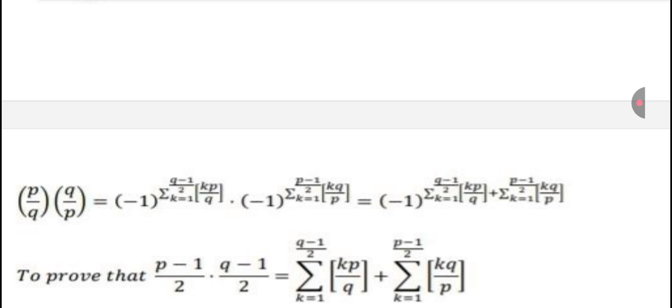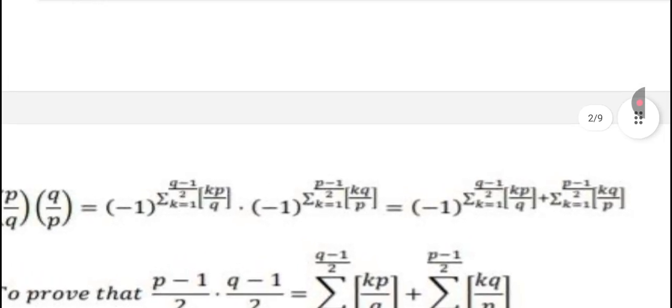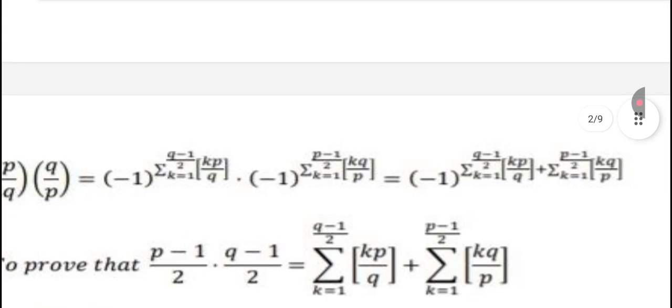Because the bases are the same, we can add the powers. So minus 1 whole to the power of summation, k running from 1 to q minus 1 by 2, of integral part of kp by q, plus summation integral part of kq by p, k running from 1 to p minus 1 by 2.